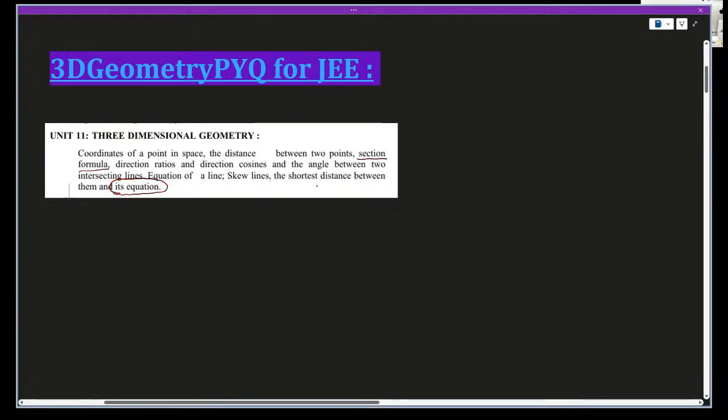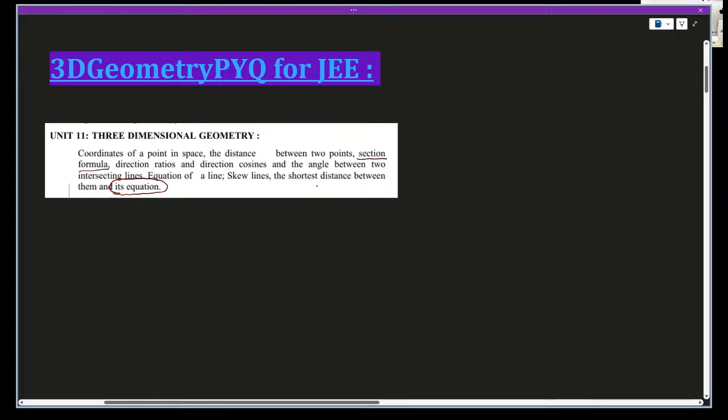From my analysis of previous year's question papers on 3D geometry, sometimes they ask conceptual questions like on centroid, orthocenter, angle bisector theorem and incenter, and most of the time they ask questions on shortest distance between two lines and its equation.